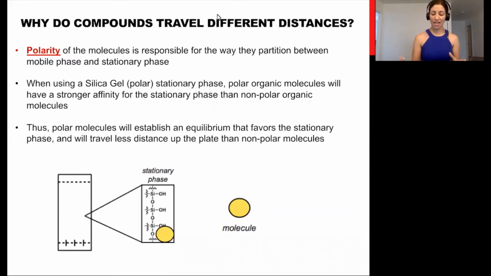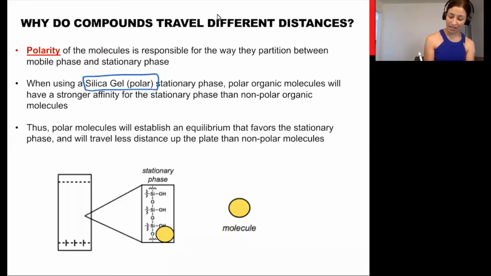So in standard TLC, we're using silica gel as that white powder coating on our plate, okay? Recall that that is our stationary phase. What is silica gel? Silica gel is an inorganic substance, okay? It is not carbon-based.